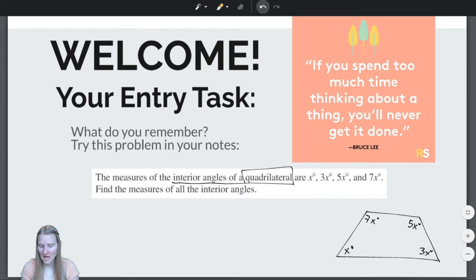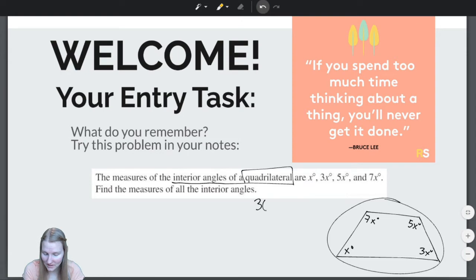So, how many degrees are there inside of a quadrilateral? Remember, our corollary to the Polygon Interior Angles Theorem says that the measures of the interior angles of a quadrilateral sum to 360 degrees. So if I take x plus 3x plus 5x plus 7x, I will get 360 degrees.